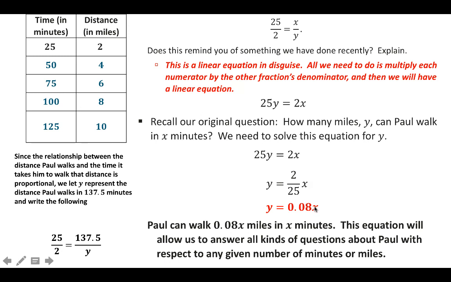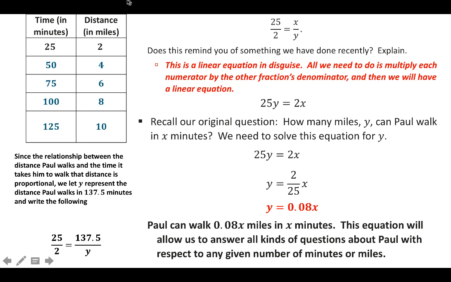Which means if it is 25 minutes, x is 25, so 0.08 into 25 will be 2 miles. If it is 50 minutes, 0.08 into 50 will give you 4 miles. So your distance is dependent on the time.